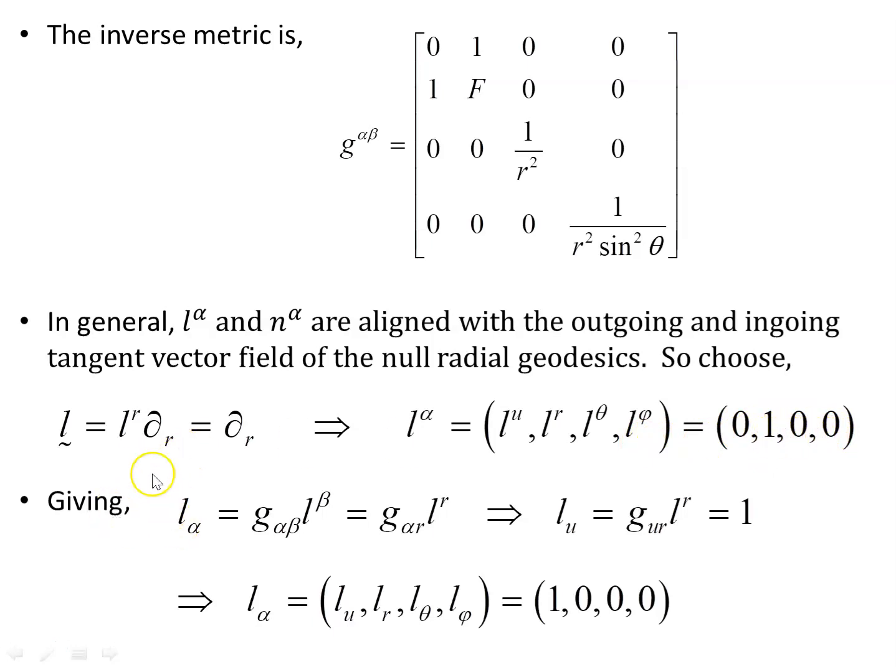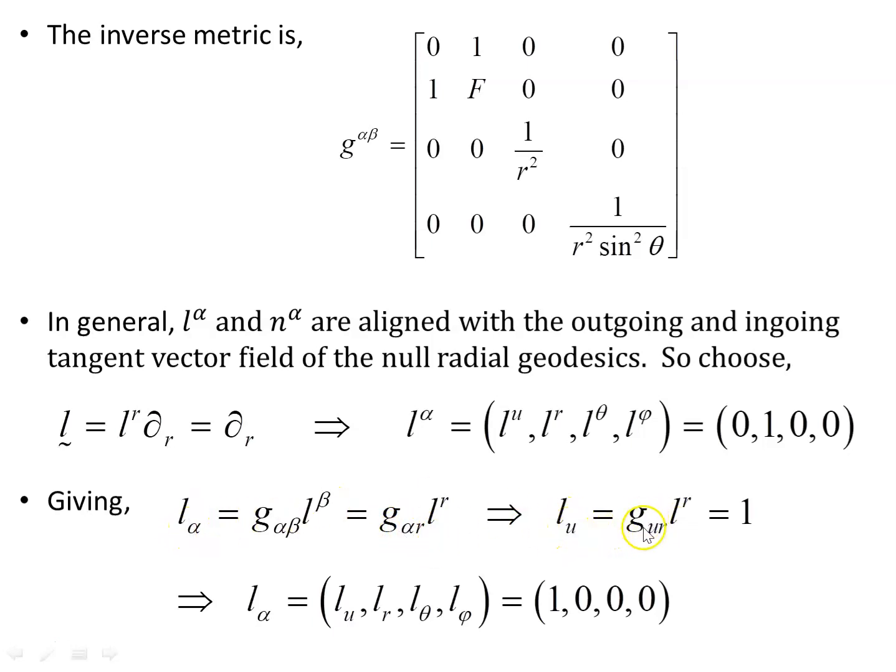And if we wanted to find the index lowered, then we use the metric to lower it. And we see that when we check through the metric to lower it, if we wanted to lower the r there, then we need an r here. And the only other thing that's non-zero in the metric was where alpha was equal to u. So this then must be l lower u.